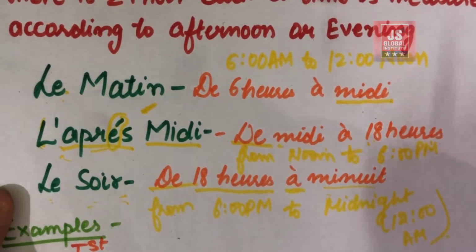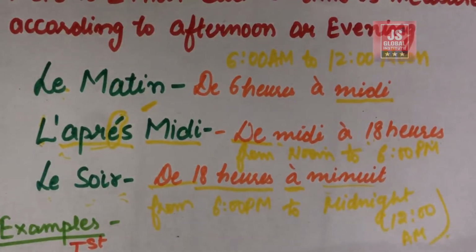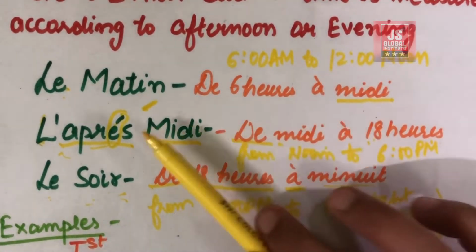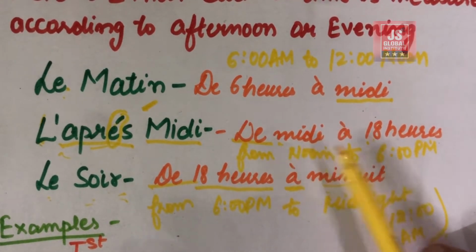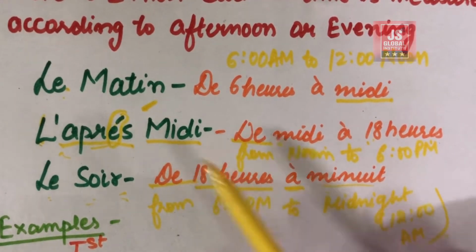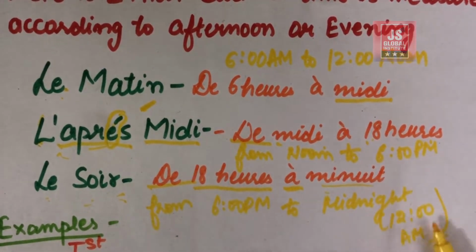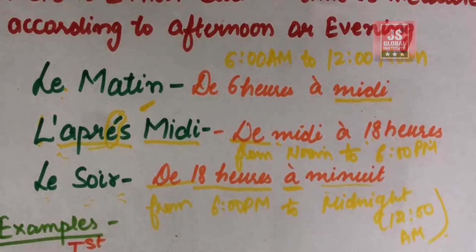So these are the time slots: from 6 AM to 12 noon it is called morning, that is le matin, and from 12 noon to 6 PM in the evening is called l'après-midi, and from 6 PM in the evening to midnight is known as evening, that is le soir.